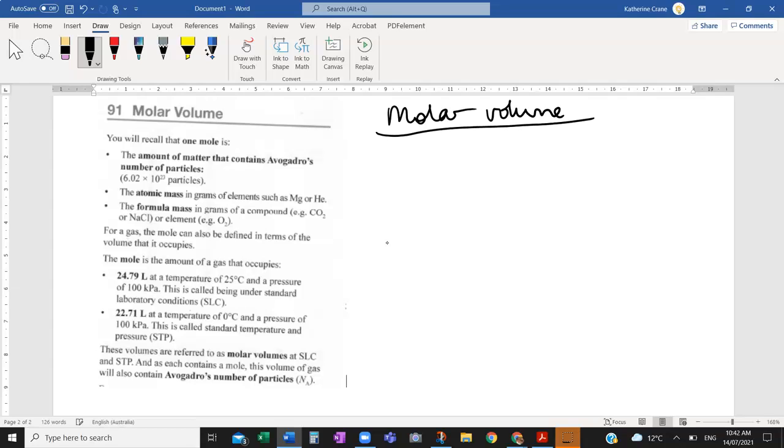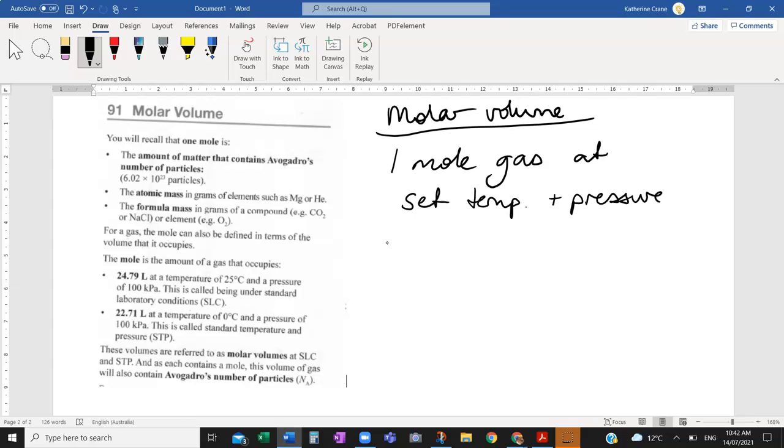And what this is, 1 mole of gas at a set temperature and pressure has the same volume. So 1 mole of any gas.